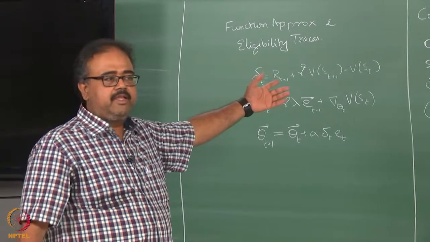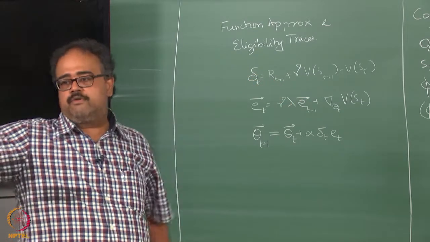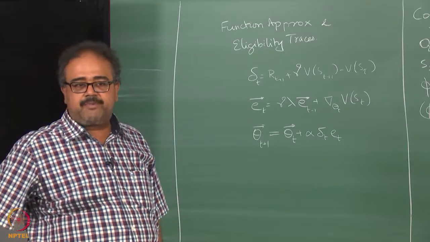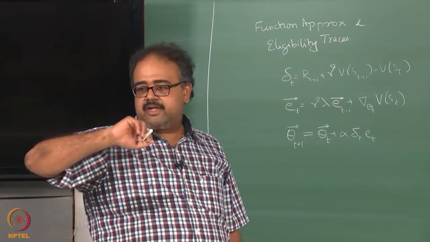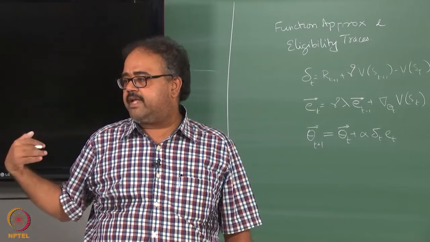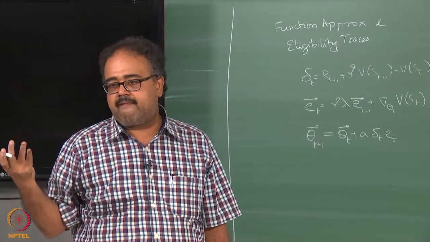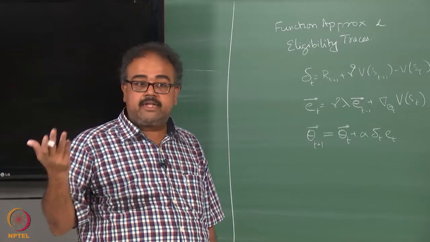Do you remember the TD error for SARSA? I will have to use q of s prime comma a prime. So when I do the q of s prime comma a prime, I will use the theta a prime representation, but for q of s comma a I will use the theta a. That error term I will get, I will use for changing theta a.